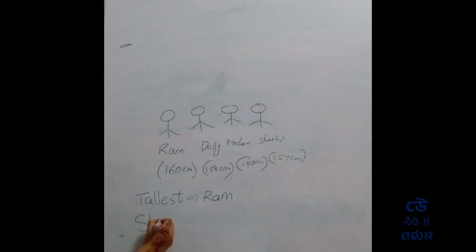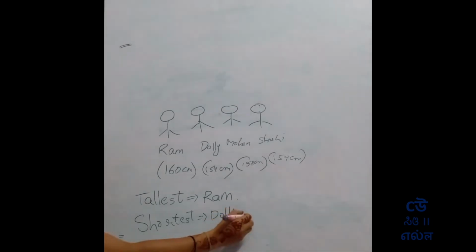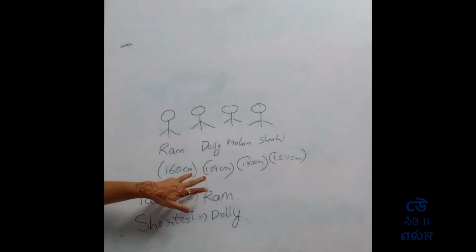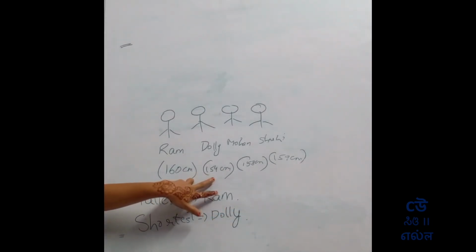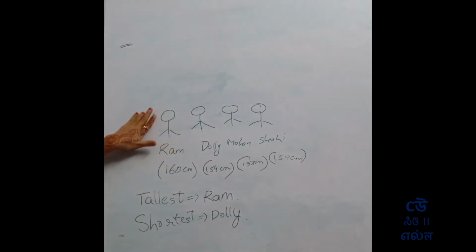So shortest is who? Dolly is shorter. Okay. By seeing these numbers, by seeing their heights which are given, you can find who is tallest among these four and who is shortest among these four.